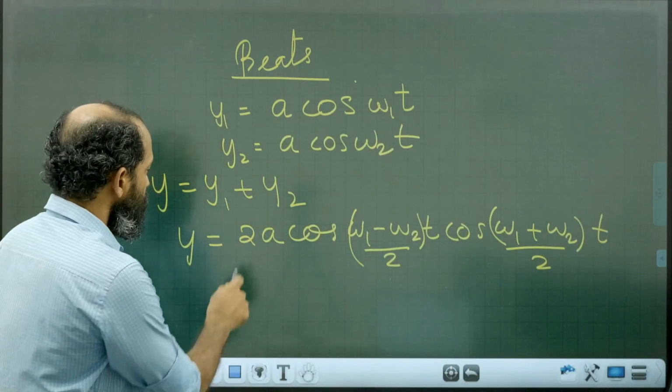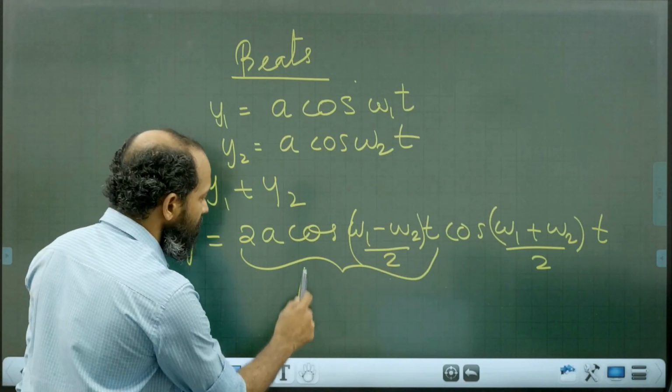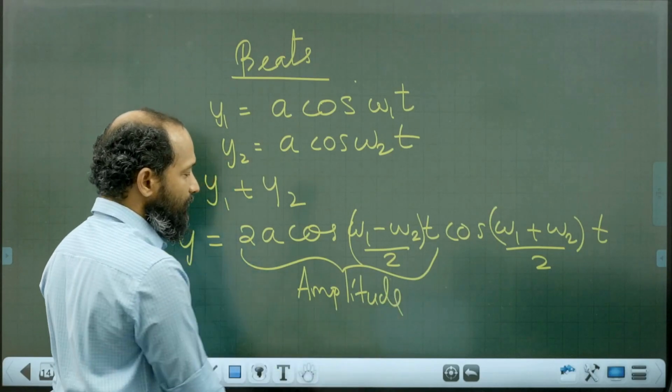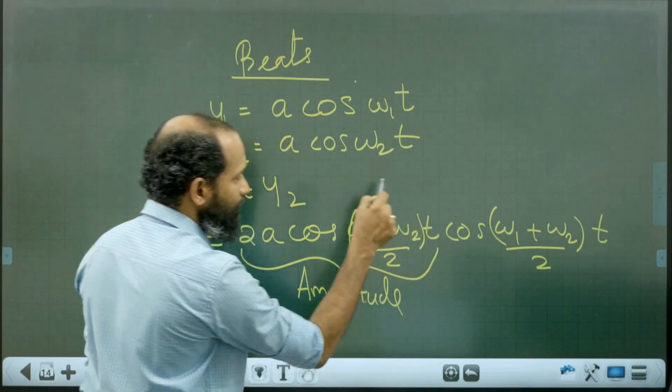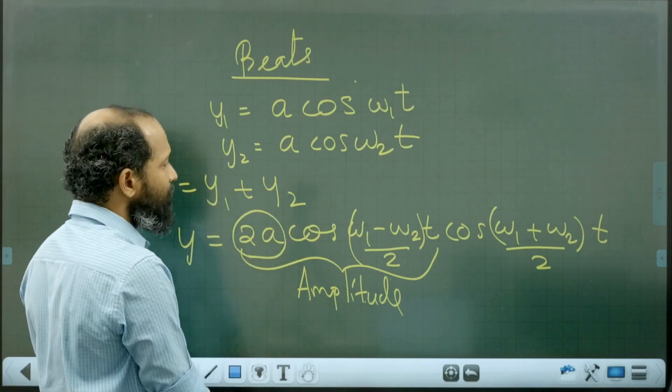Here 2a cos of (omega 1 minus omega 2) by 2 t represents the amplitude term of the beat. So you can see amplitude varies with time. 2a represents the maximum amplitude of the beat.